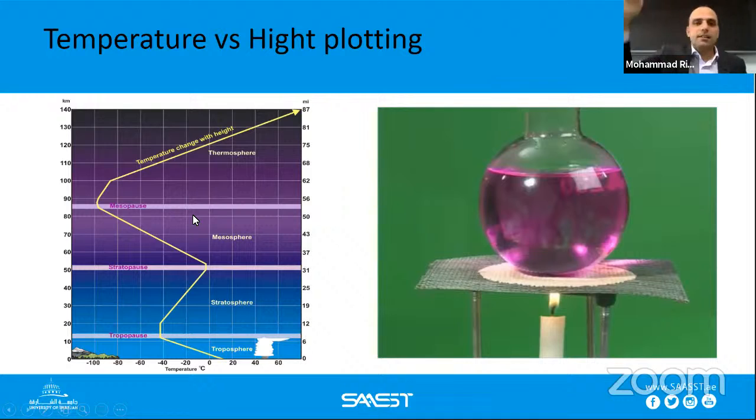This zigzag shape in the relationship of temperature versus height plotting is what told the scientists to divide the atmosphere into these layers. So the ozone layer should be here, just above the mesosphere.